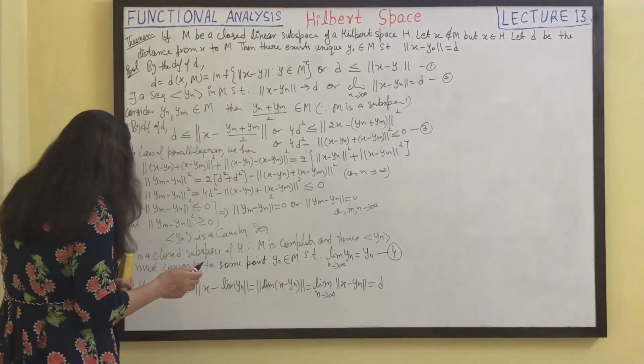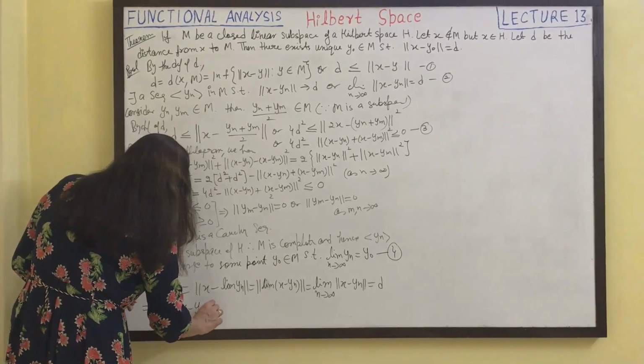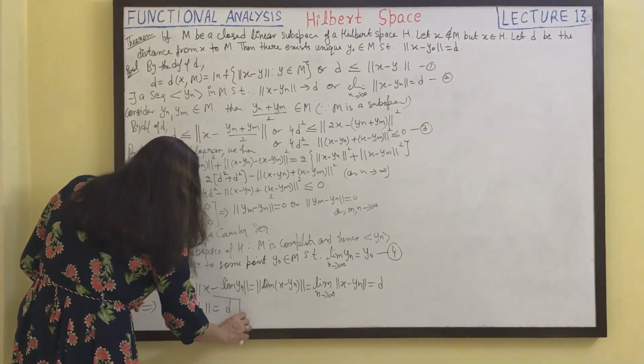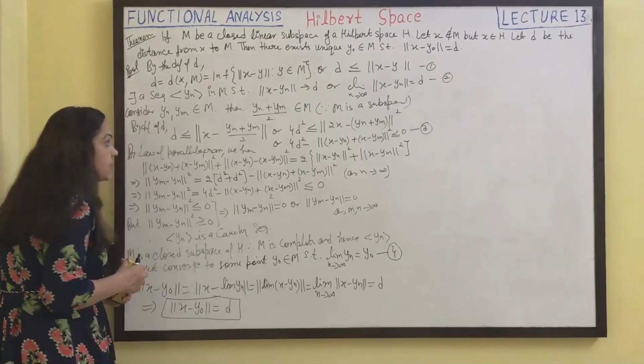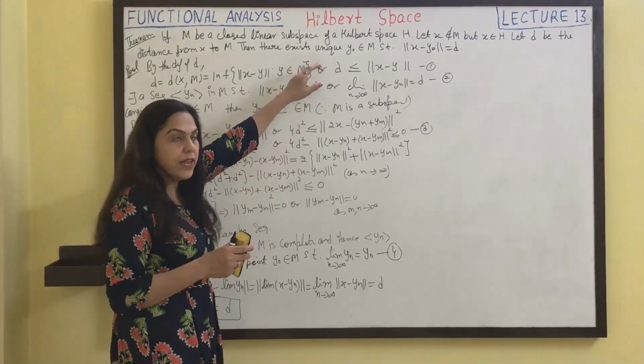So we have proved that norm of x minus y0 is equal to d. Right? Now we have to prove that y0 is unique.